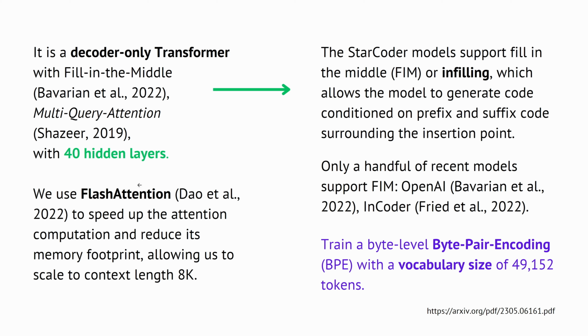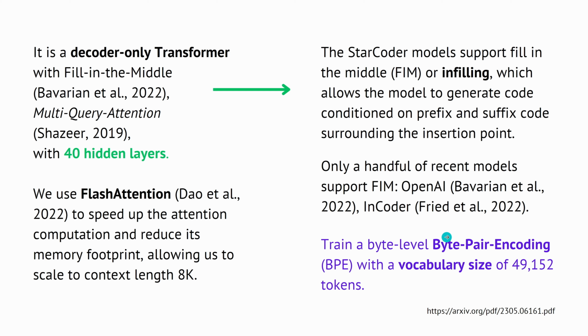This is an optimization for the internal processing, how the algorithm computes the attention mechanism itself. And this is especially an advantage because you can now scale to a context length of 8K tokens.